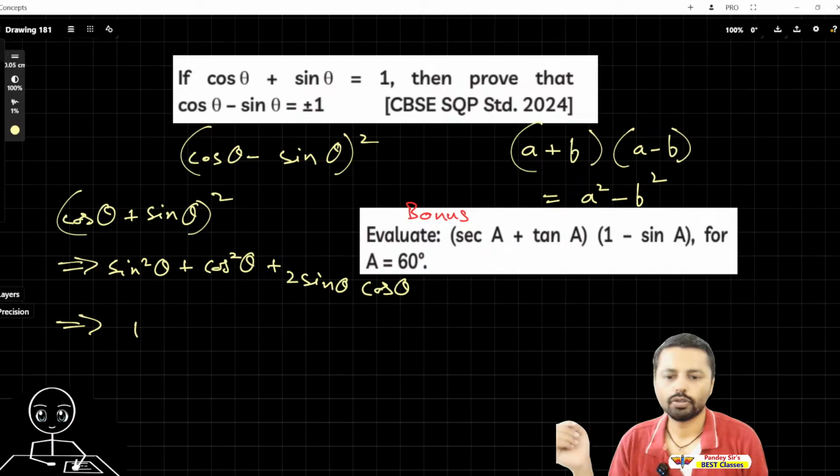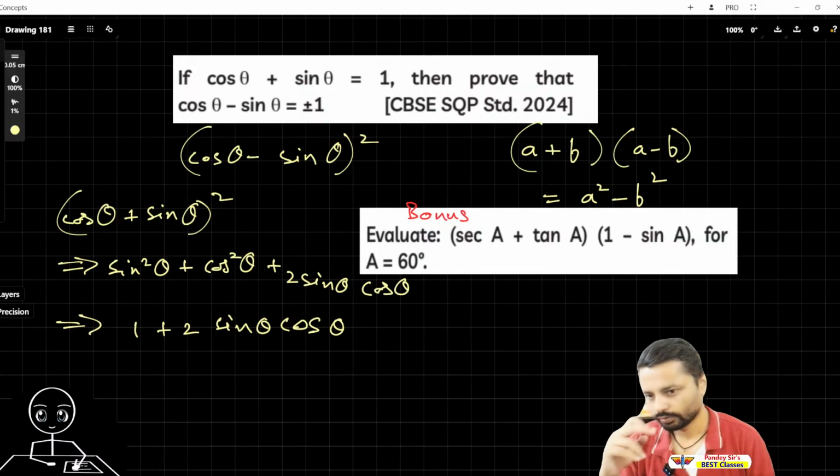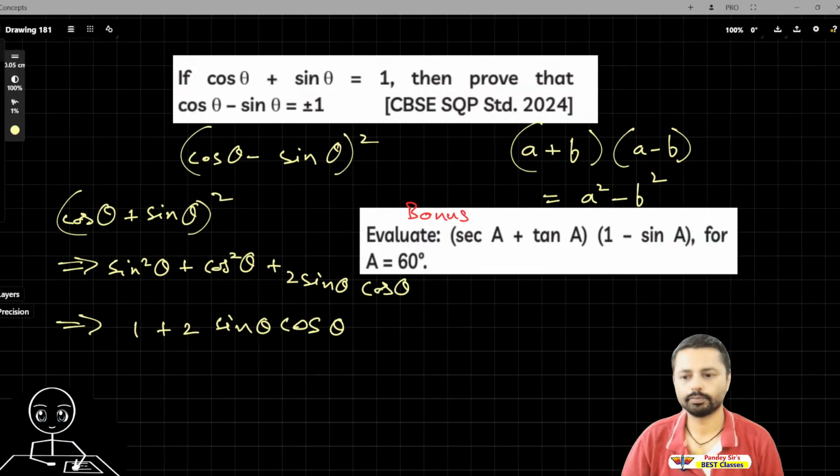Sin square theta plus cos square theta is 1, so we get 1 plus 2 sin theta cos theta.